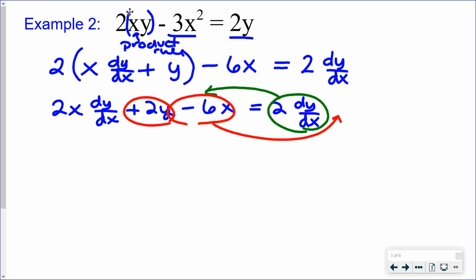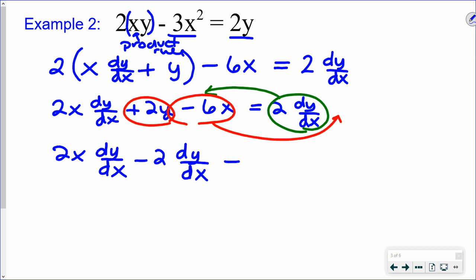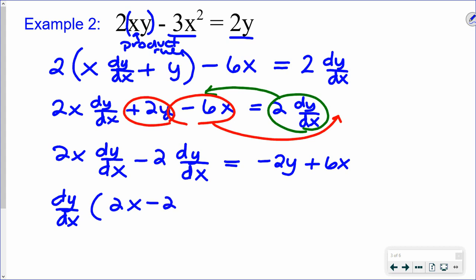So I would end up with 2x dy over dx minus 2 dy over dx equals negative 2y plus 6x. Okay, then we're going to factor out dy over dx. So that will leave 2x minus 2 equals negative 2y plus 6x.